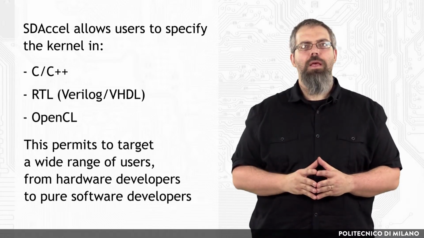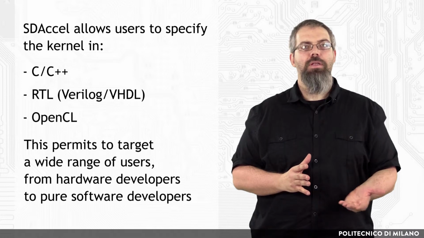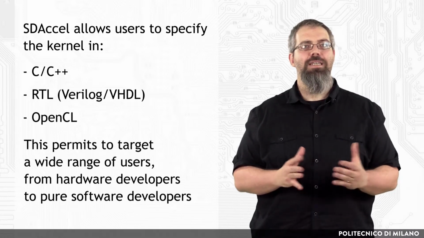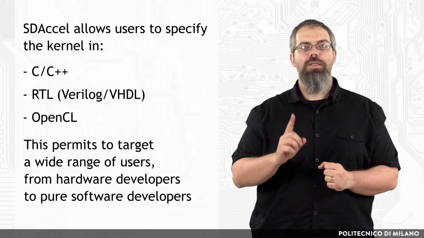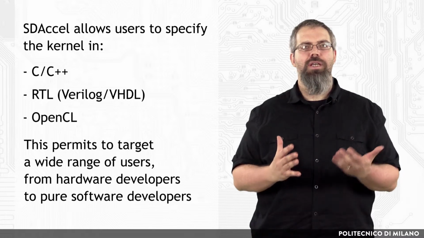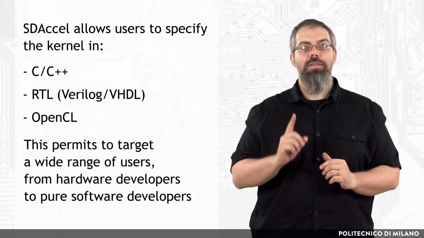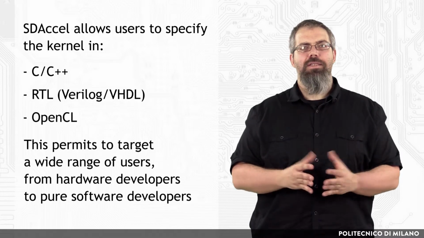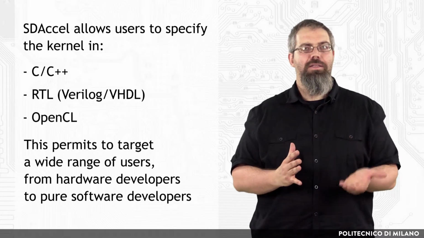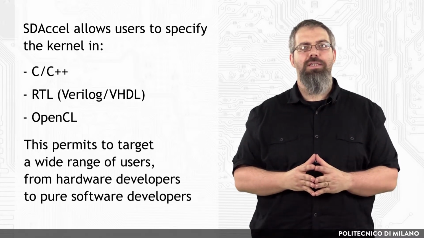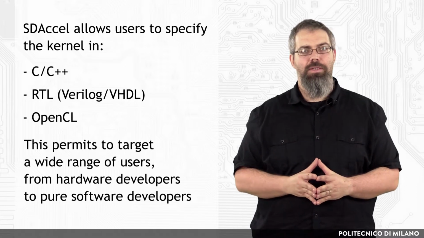As an example, in order to fast prototype a kernel, the user can exploit either C, C++, or OpenCL. This provides a first approximation of the achievable performance. The user can then optimize the current design or implement it in RTL to have complete control of the design and reach the maximum performance.